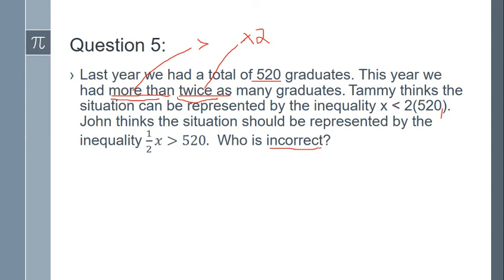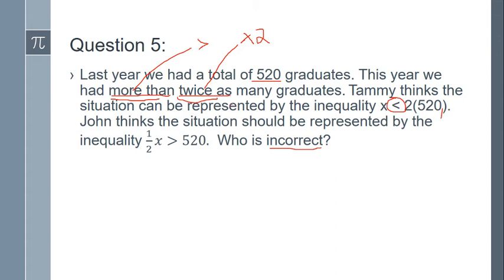However, this inequality symbol says less than. So what this would be saying to me is that this year we have less than twice as many graduates as last year. But that's not what the problem says. It says we had more than twice as many graduates. So I would agree with this inequality if this was flipped. If it said greater than, then this would be correct.